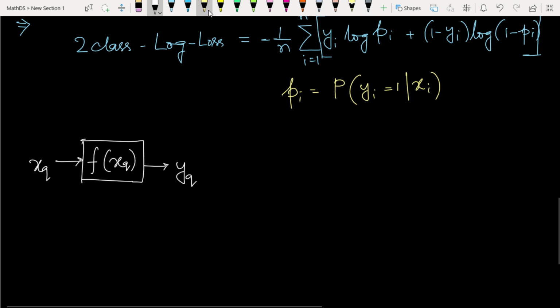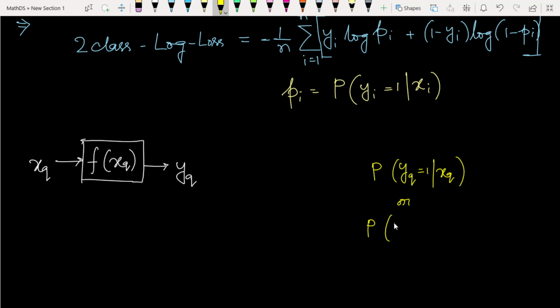So instead of using this output, if we make another model that gives a probabilistic output, such as the probability of yq equals 1 given xq, or the probability of yq equals 0 for the given query point, then this kind of analysis will be more accurate than the raw output.